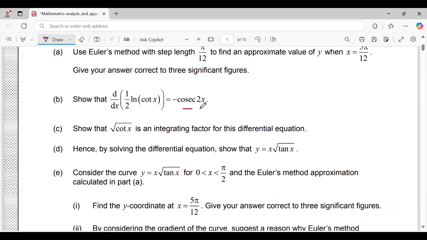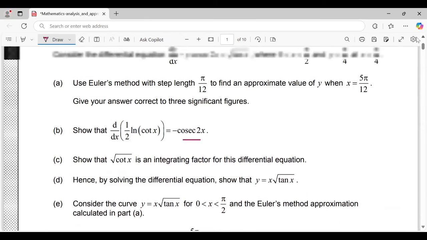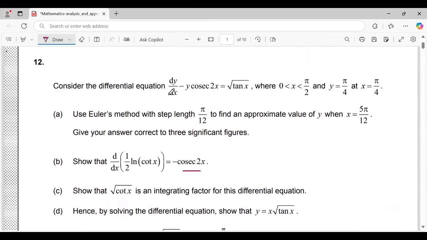Part C, show that square root cotangent x is an integrating factor for this differential equation. All right.